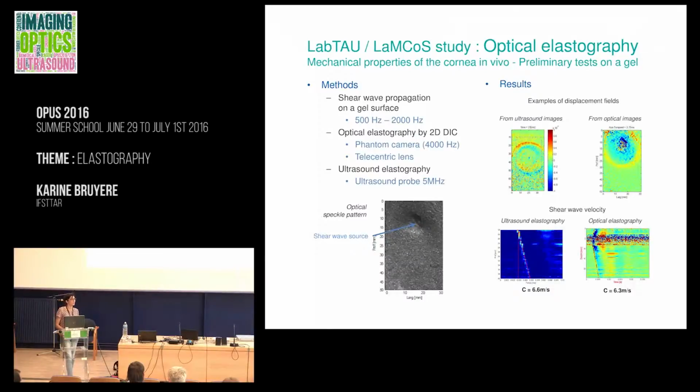Stéphane, is there a texture? No, probably not. For application in vivo, the idea is to have a natural texture, because it's difficult to put a specific external speckle on the surface.